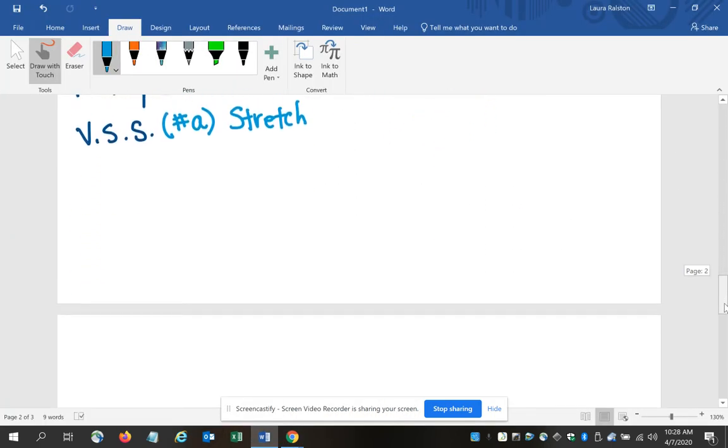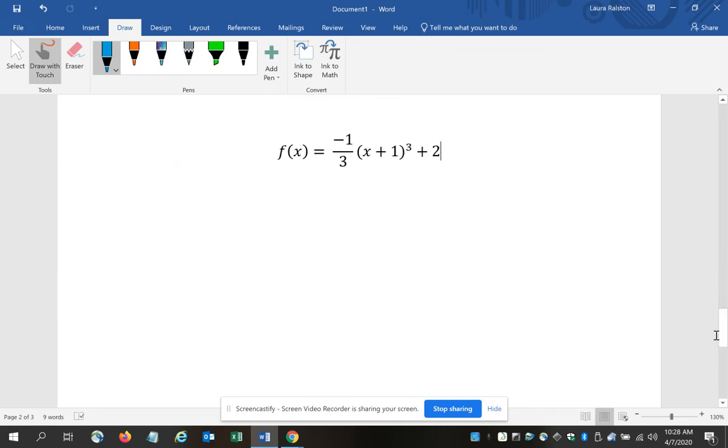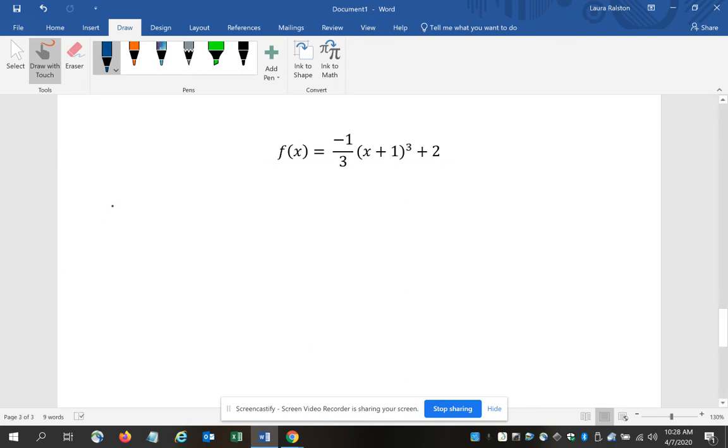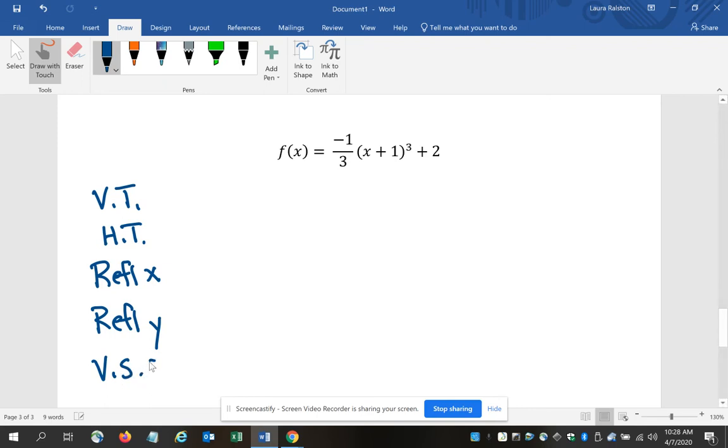So our function for the 5th one was -1/3 times the quantity x plus 1 raised to the 3rd power, and then add 2. Okay, so again, we're doing our vertical translation, horizontal translation, whether there's a reflection on X, whether there's a reflection on Y, and is there a vertical stretch or shrink.